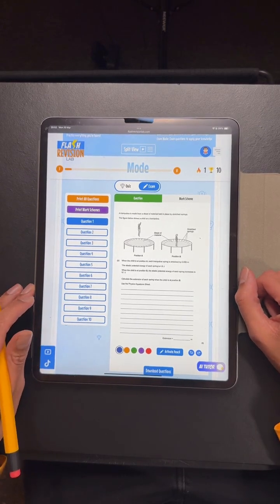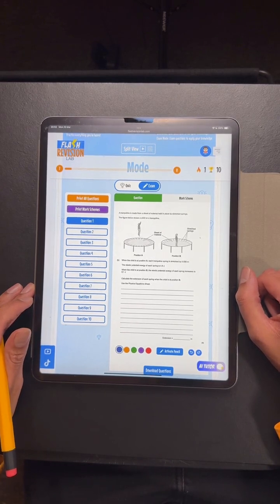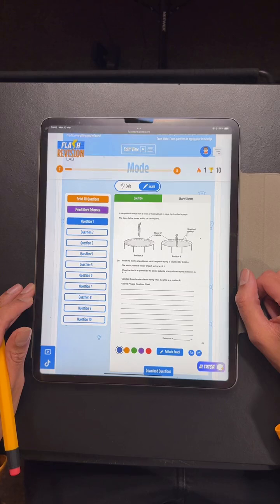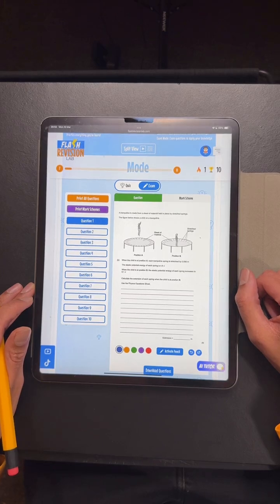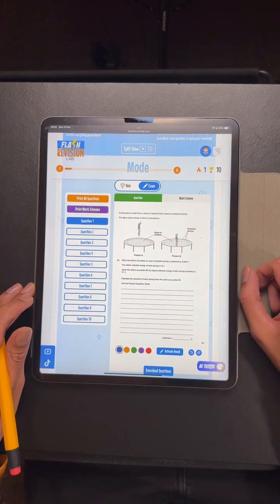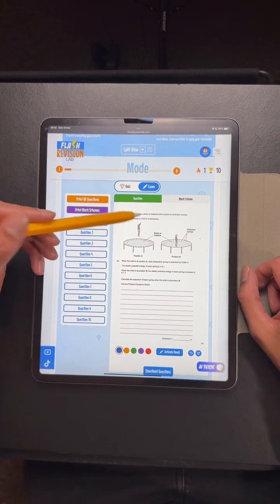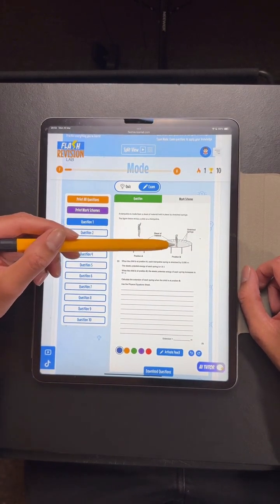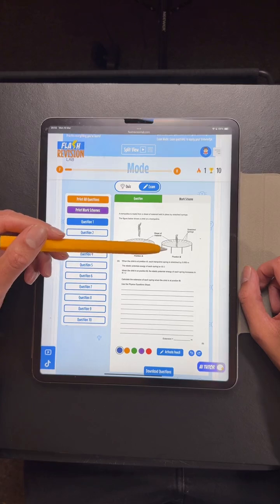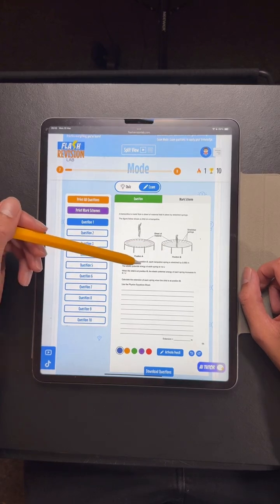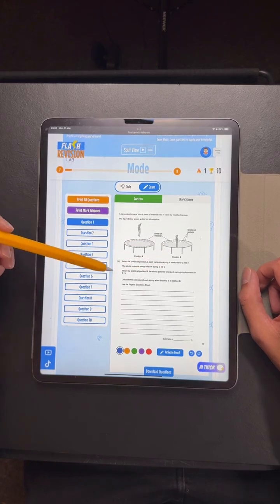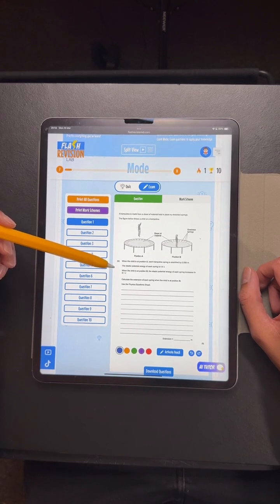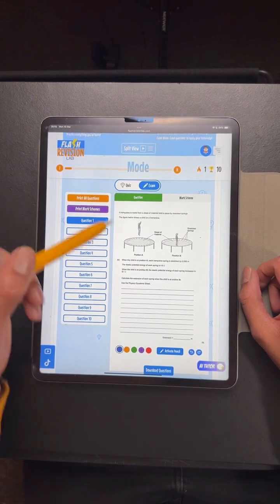But the first question says, a trampoline is made from a sheet of material held in place by stretched springs. The figure below shows a child on a trampoline. So he's jumping on this material, and you can see as they stand on it, the springs are stretched. When the child is at position A, each trampoline spring is stretched by 0.056 meters.